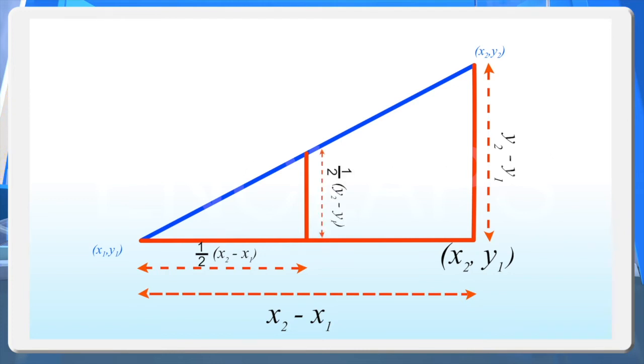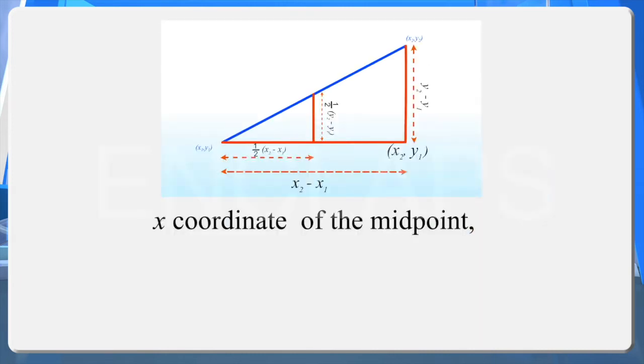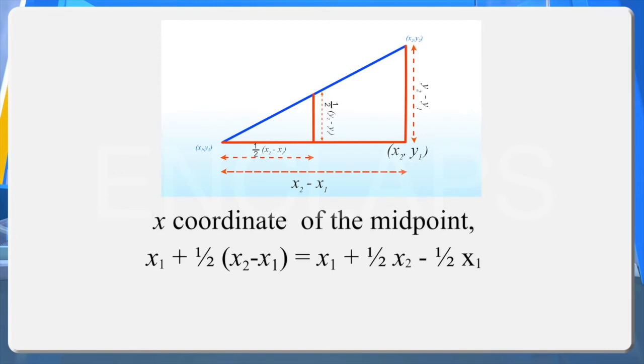If so, how to write the coordinates of the midpoint? The x coordinate of the midpoint is x1 plus 1/2 into x2 minus x1, equals x1 plus 1/2 x2 minus 1/2 x1, equals 1/2 x1 plus 1/2 x2, equals 1/2 into x1 plus x2.